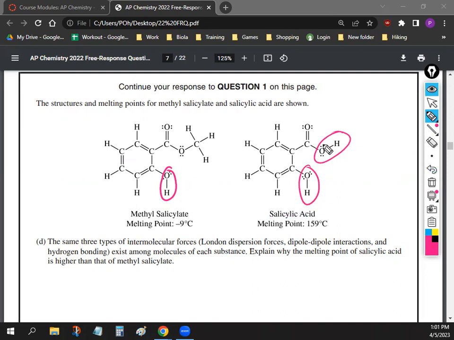Because with two sites for hydrogen bonding, it's able to stick to other salicylic acid molecules more tightly. So that's the reason why. This one has two sites for H bonding, and this one only has one. That's it. You can also say stronger intermolecular forces result in a higher melting point. That works too.